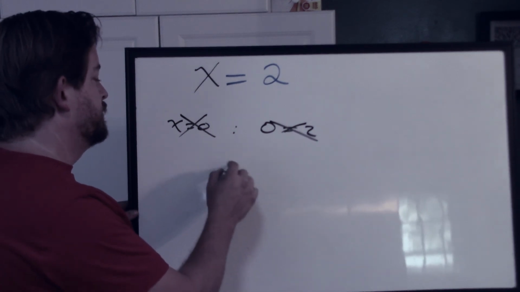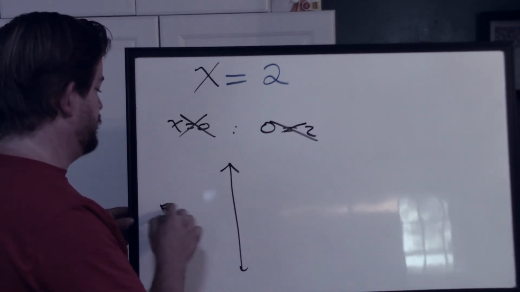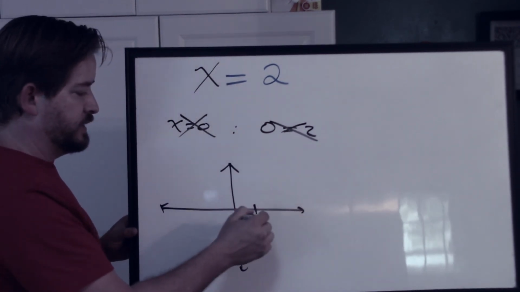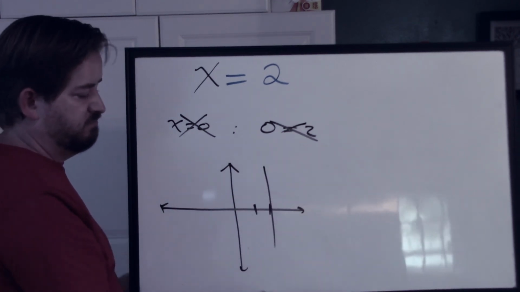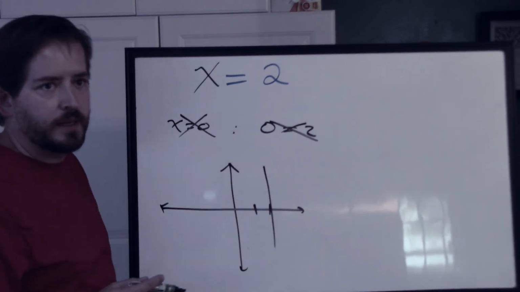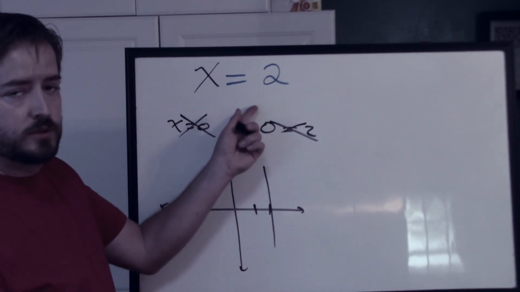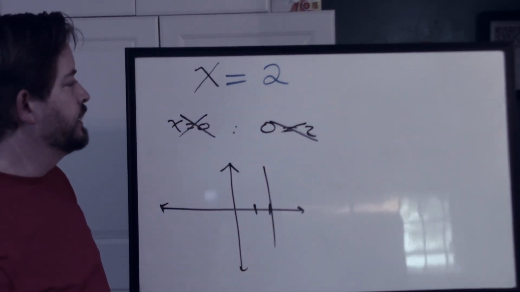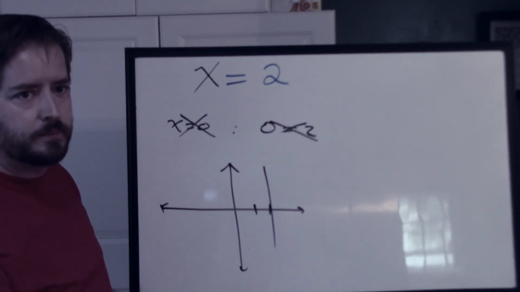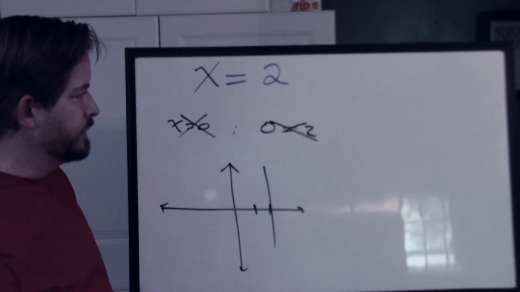But we know this if we look at the graph. X equals 2 is a vertical line at 2. It's never going to cross the y-axis, so it has one intercept at (2, 0). And that's it. It doesn't have a y-intercept.